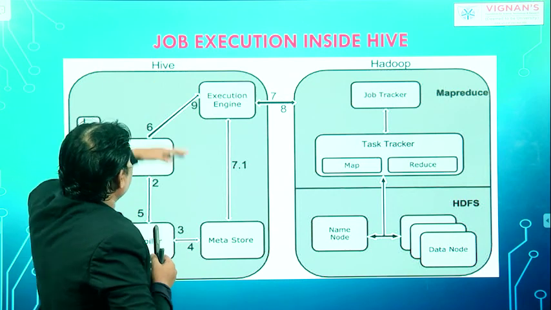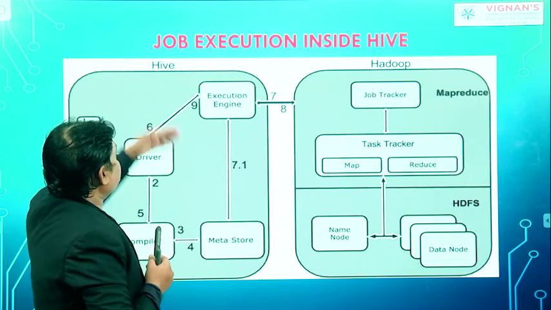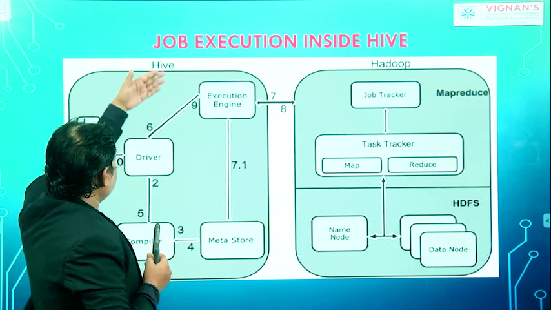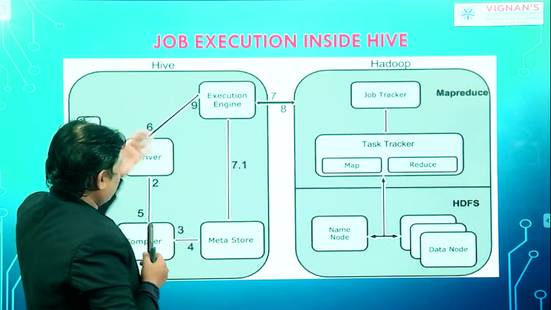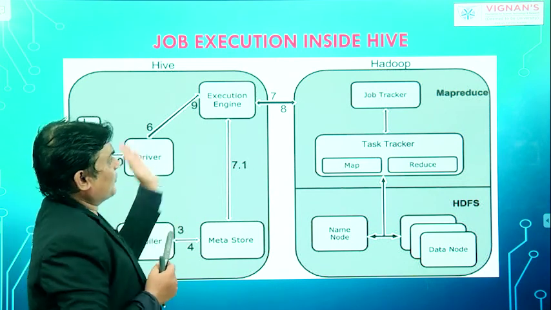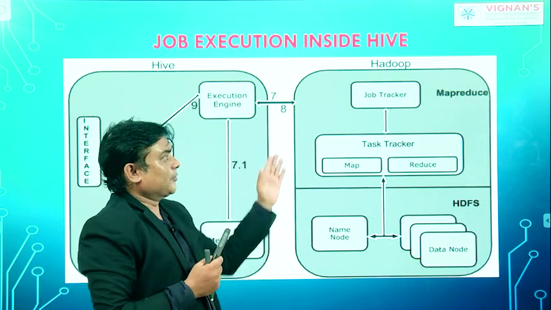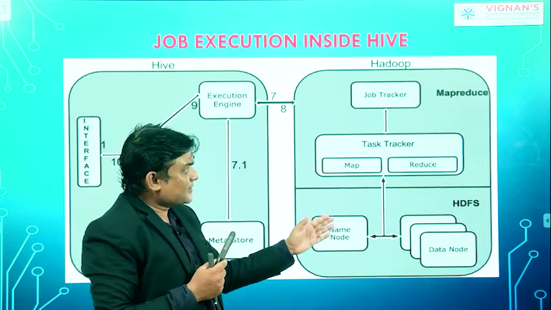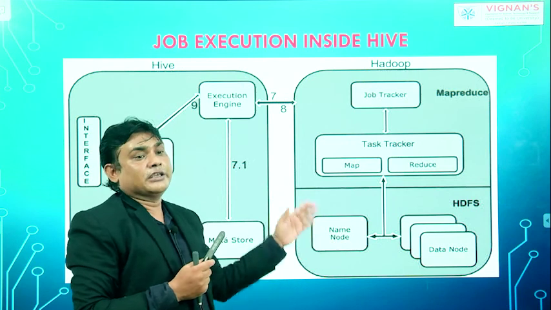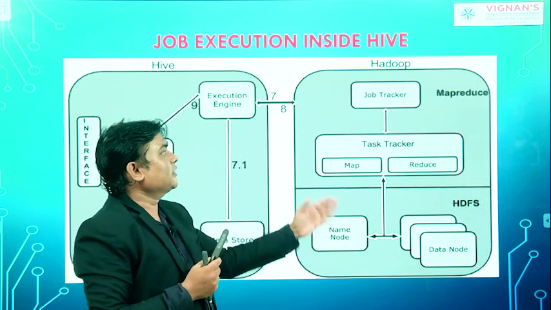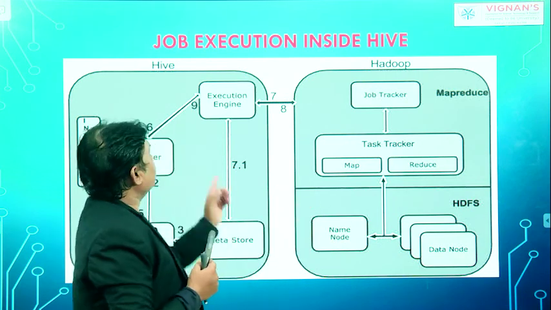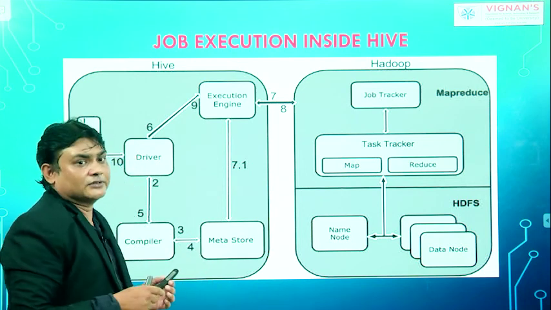This part is called the Hive part. This part is totally the Hive part. In the Hive part you perform this much of the process, and then you have to pass it to Hadoop. In Hadoop you perform the MapReduce operations, so that your queries will be executed and you get the results from the Hadoop cluster. Okay, so this is about the job execution inside Hadoop.